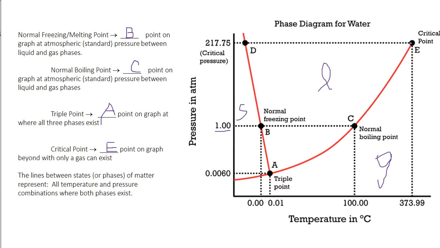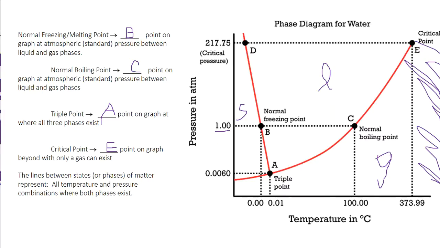There's so much temperature, so much mobility of those particles at this point that they can only act as a gas. There isn't enough pressure to bring them together to be a liquid or a solid anymore. So critical point, everything beyond, that's always going to be a gas.